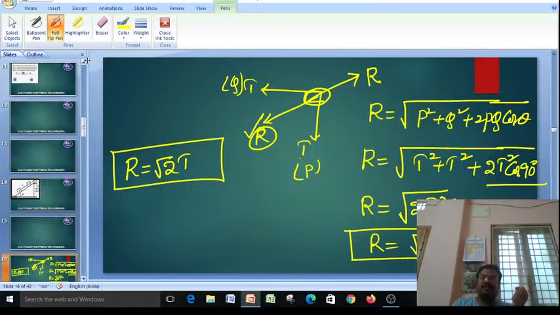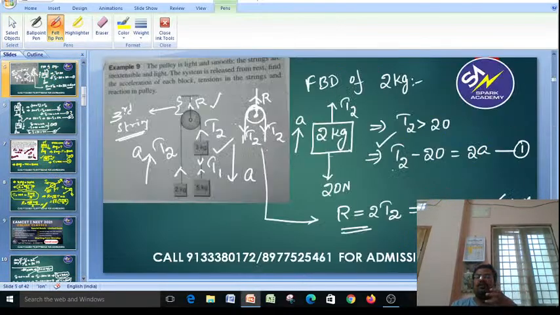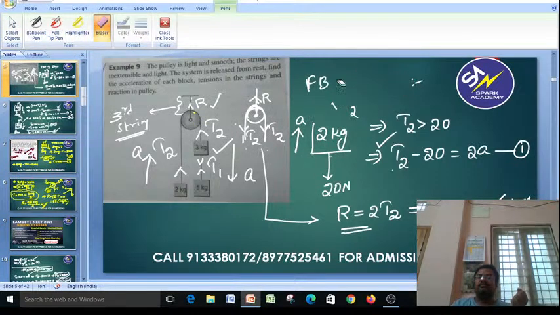Right. So the same thing you have to apply for the previous problem also. Let us try to think here. So this is the pulley.